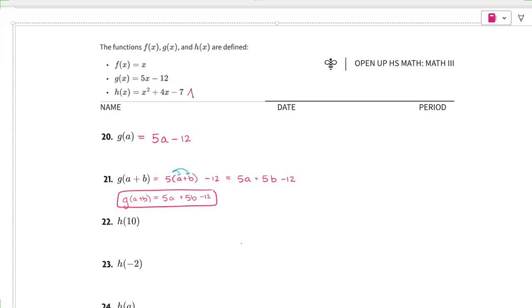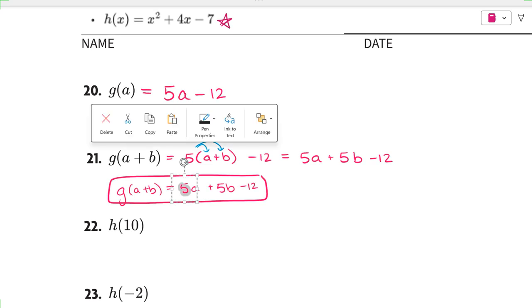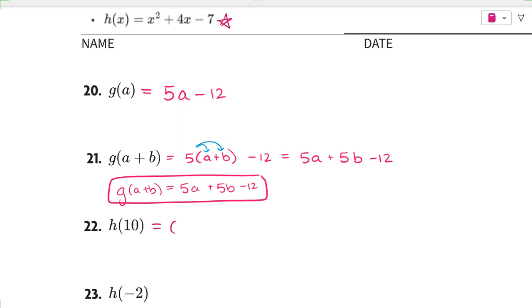Okay, so we'll do H here. So H of x is equal to x squared plus 4x minus 7. So just make sure we're squaring really carefully. 10 squared plus 4 times 10 minus 7.